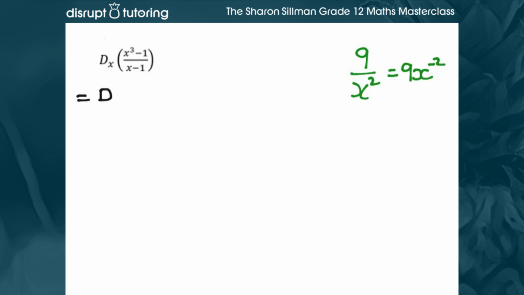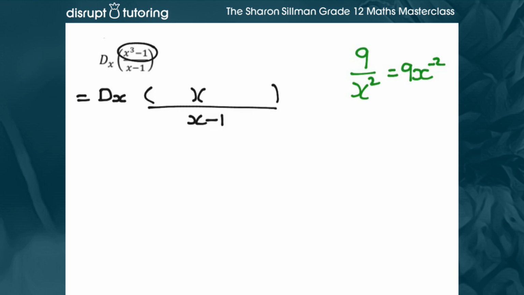So because I'm not using the rule yet, because I'm still trying to work with the function to get it ready to start using the rule, I still need to write dx here. So at the top, you need to notice that we have a difference of 2 cubes. So we can factorize that into 2 brackets. And at the bottom, we have x minus 1.